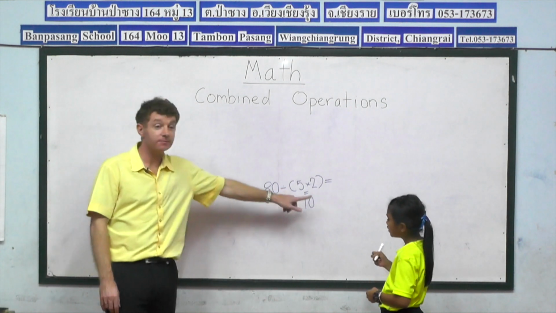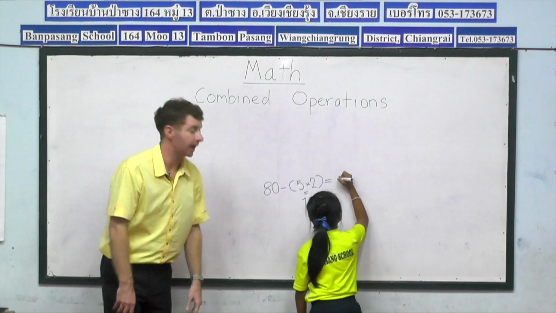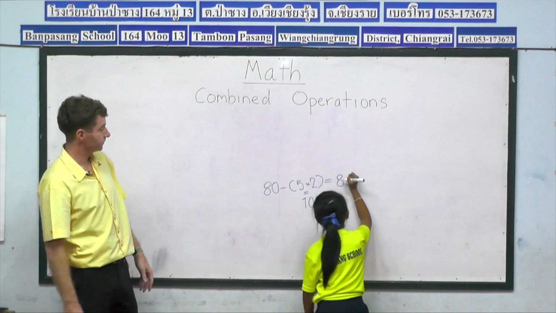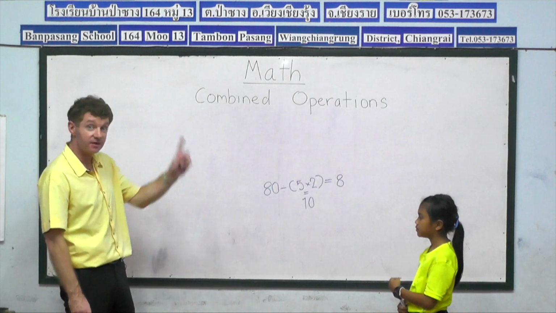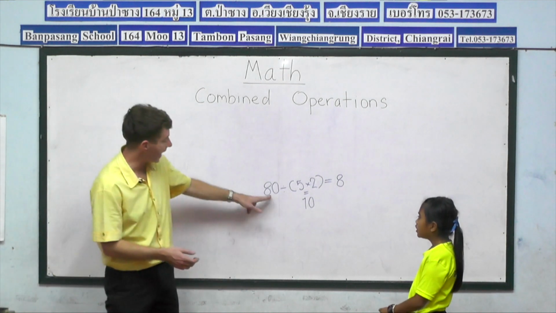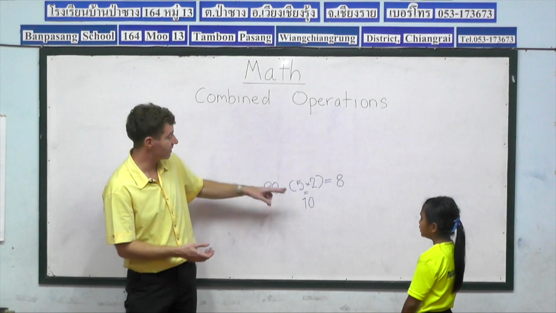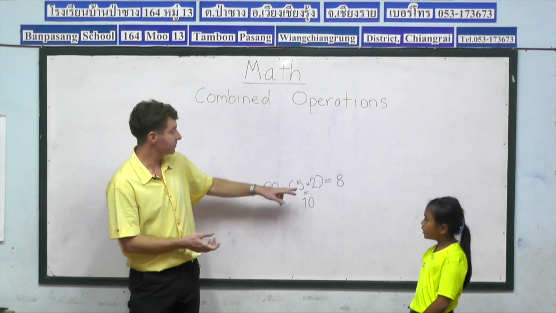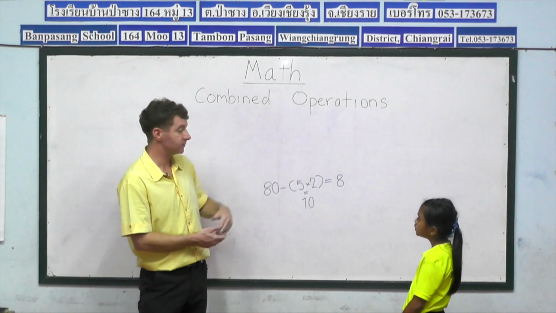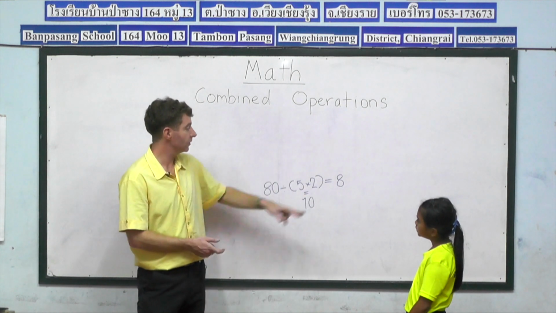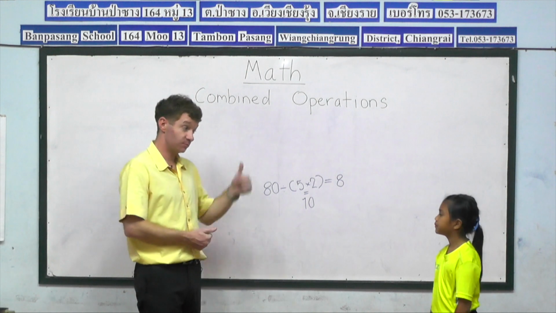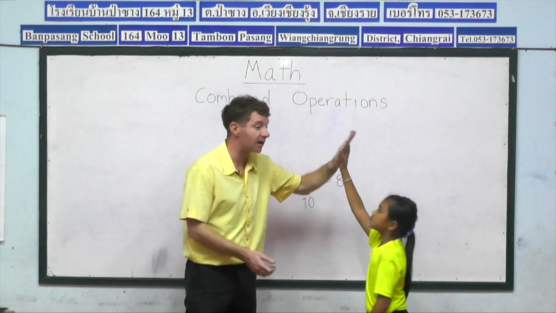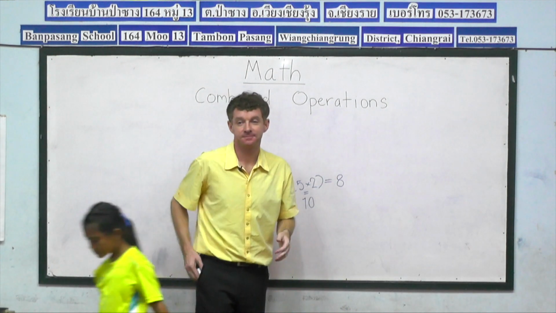Okay. Are we finished? Yes, now we're finished. Now we can say together 80 divided by 5 times 2 equals 8. Pak Bung, brilliant. High five, big round of applause for Pak Bung.